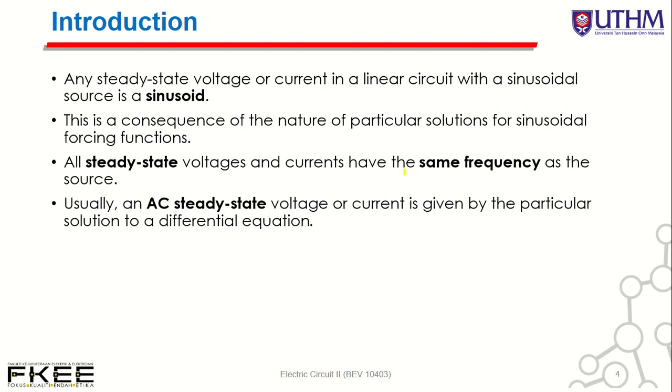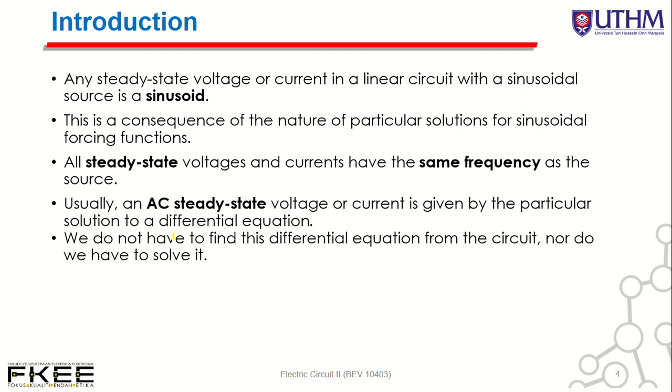Okay, usually an AC steady state voltage and current is given by the particular solution to a differential equation. Okay, basically in the steady state voltage or current, we have a particular differential equation that you already discussed in chapter 1 and chapter 2.